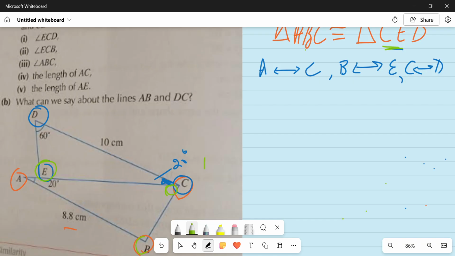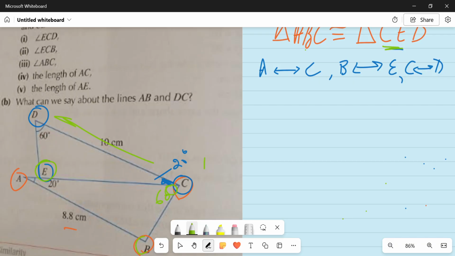What is the measurement of ECB? It's 60 degrees, because beside this 20 we have a 60 degree, and here also we have 60. So the measurement of this ECB is 60 degrees, right?